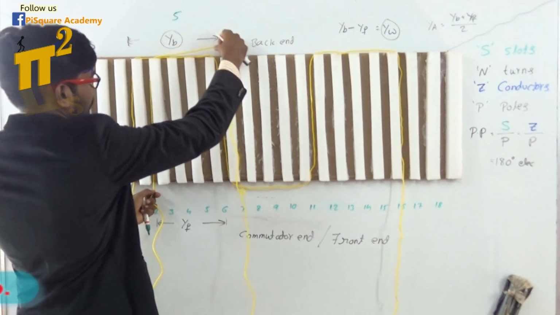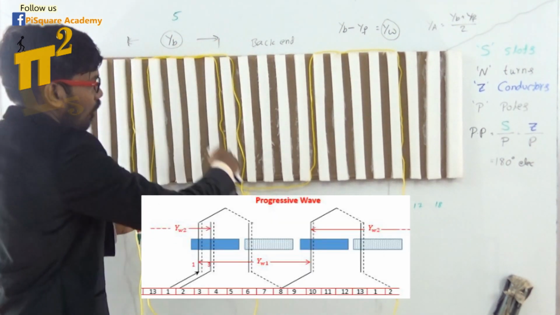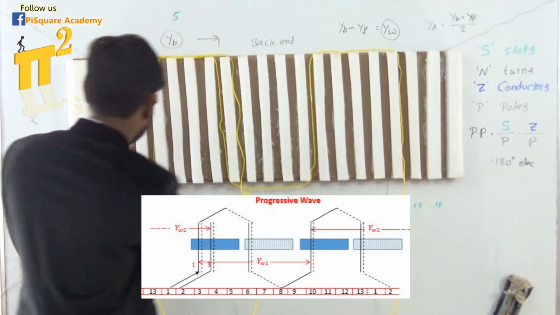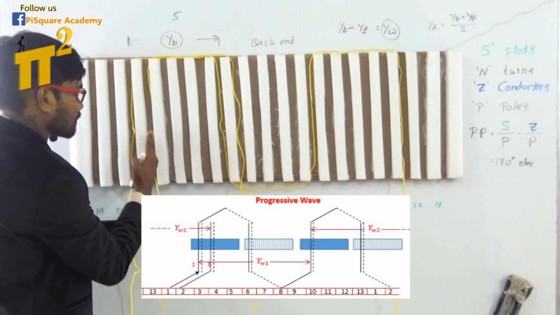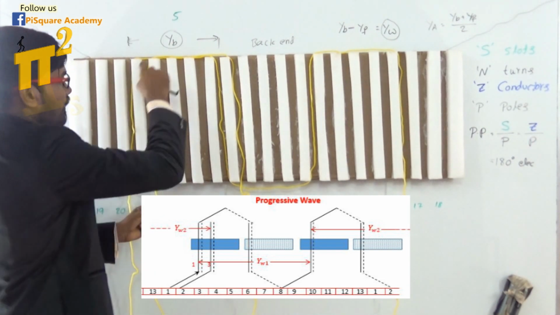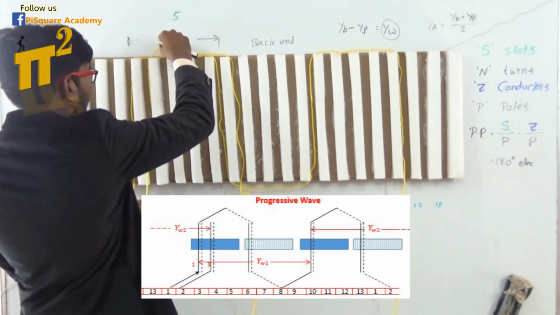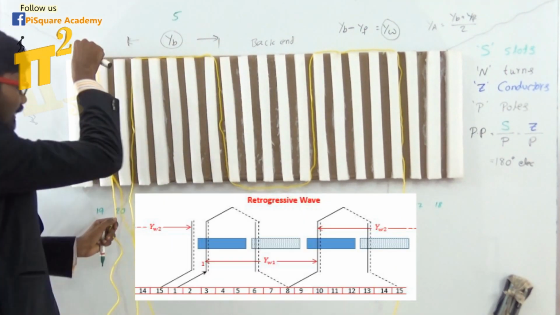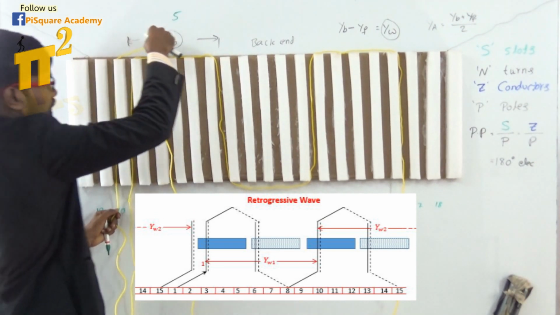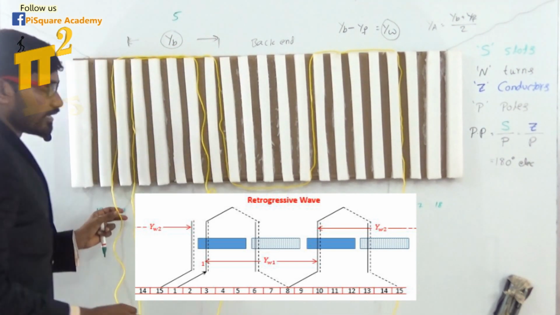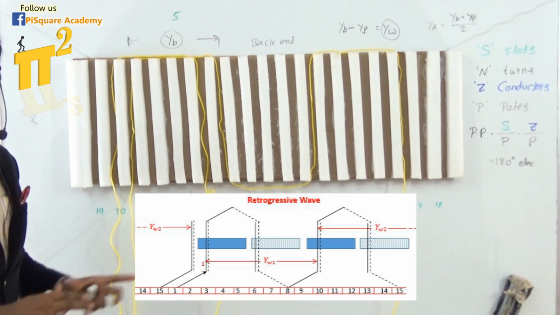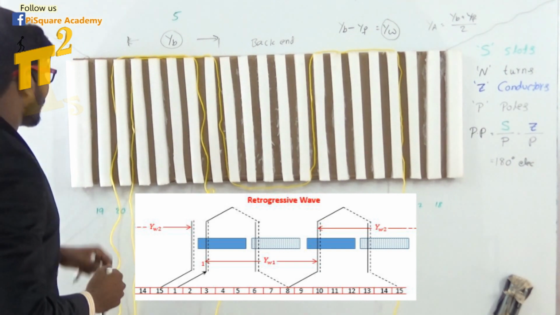After this winding, it has started again after the first one. So that is called progressive. What if it would have started on this side? Yes, it is called retrogressive winding. Are you clear? Very good.